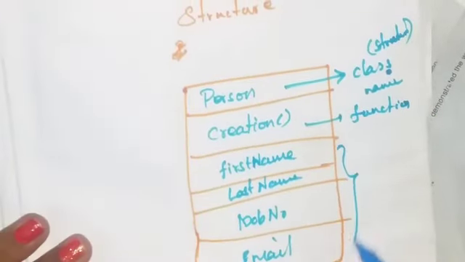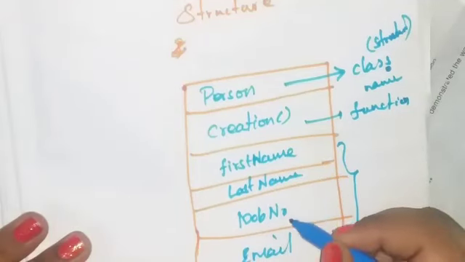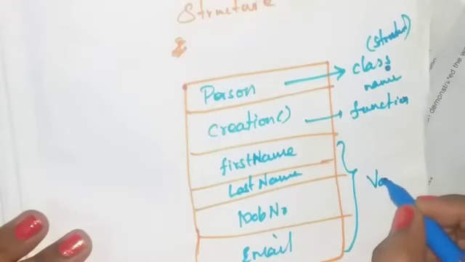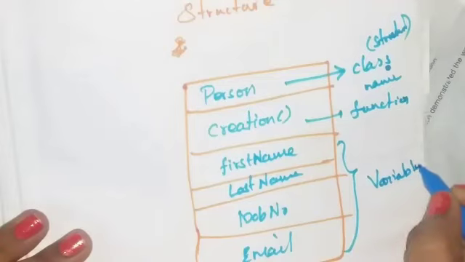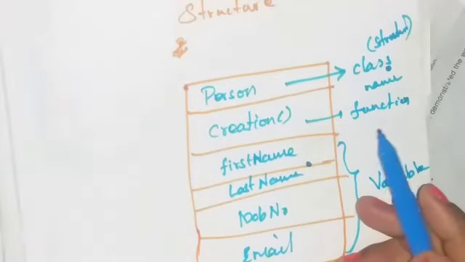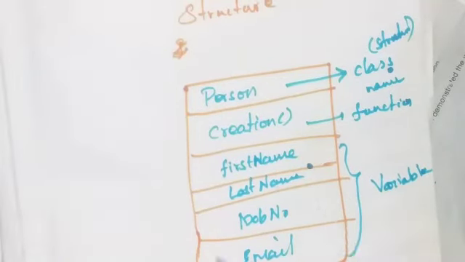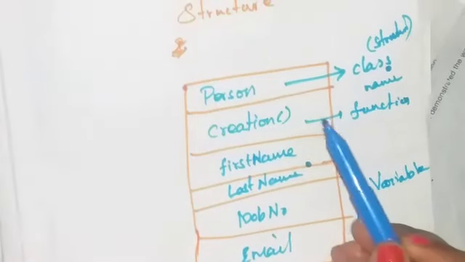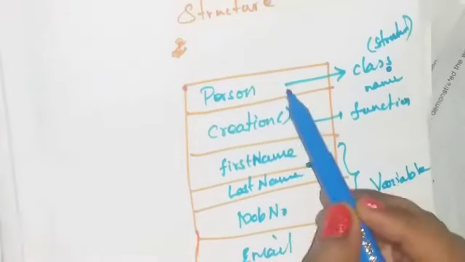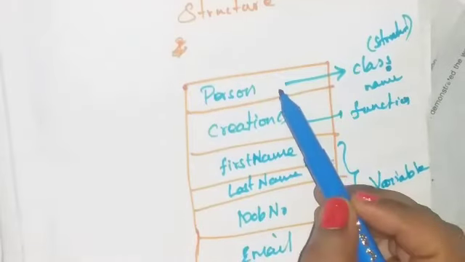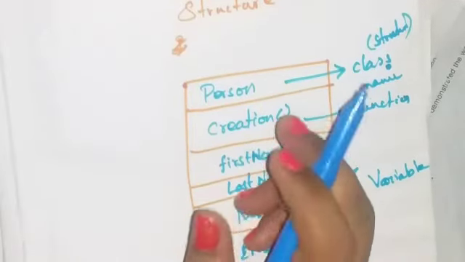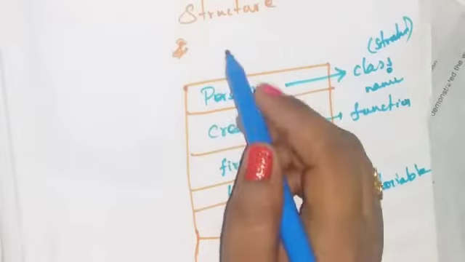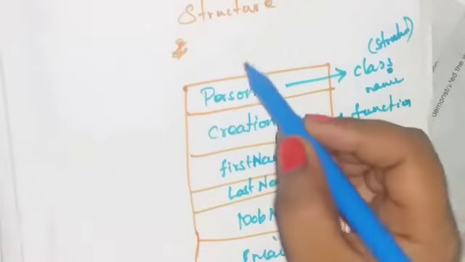And first name, last name, mobile number, email are called what? Variables, used to store the information about the person. So these are the data members. They come under the structure person. So if you want to store the information of several persons, use this structure for every person. For several persons, you just create the objects P1, P2, P3 and so on.